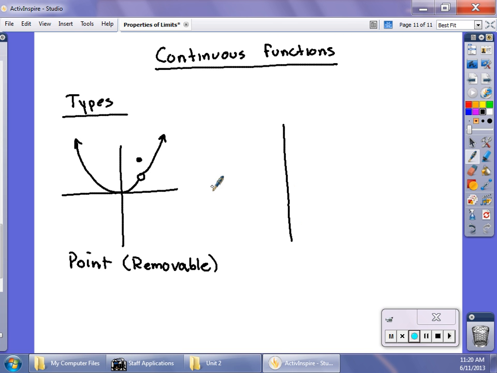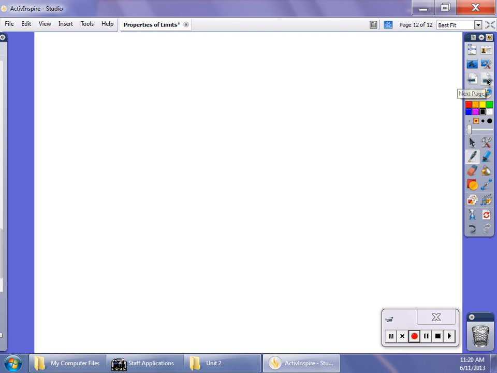Another one you might see is an absolute value function. Let's say I have an absolute value function, divided by itself, and it jumps up something like this. This is called jump discontinuity. And then similar to our last video on limits to infinity and vertical asymptotes, if we have a vertical asymptote, I have an equation something like this.